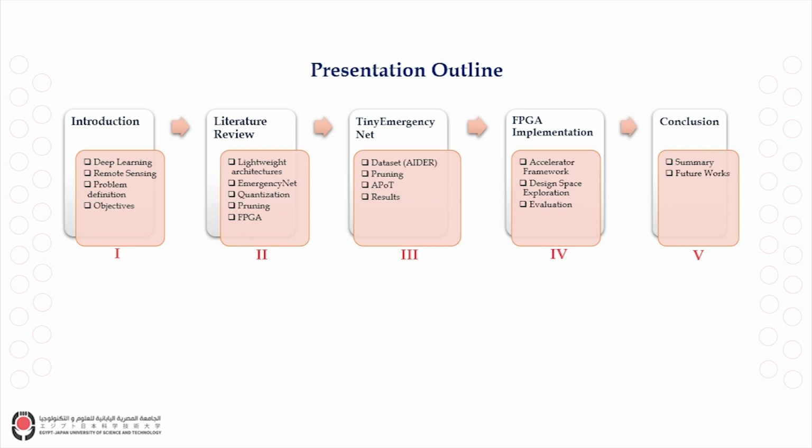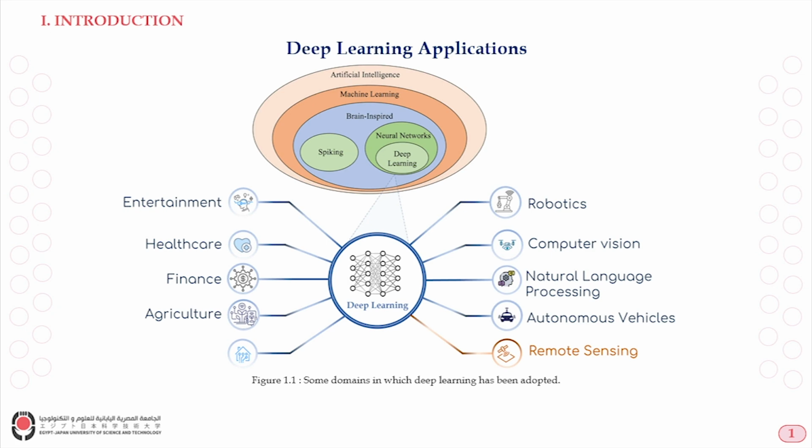So deep learning has found applications in many areas and domains, ranging from robotics, computer vision, finance, agriculture, entertainment, healthcare, and very many others. It has also been used in remote sensing. This is because deep learning has proven to be efficient in image classification, object detection, image segmentation, and other applications.